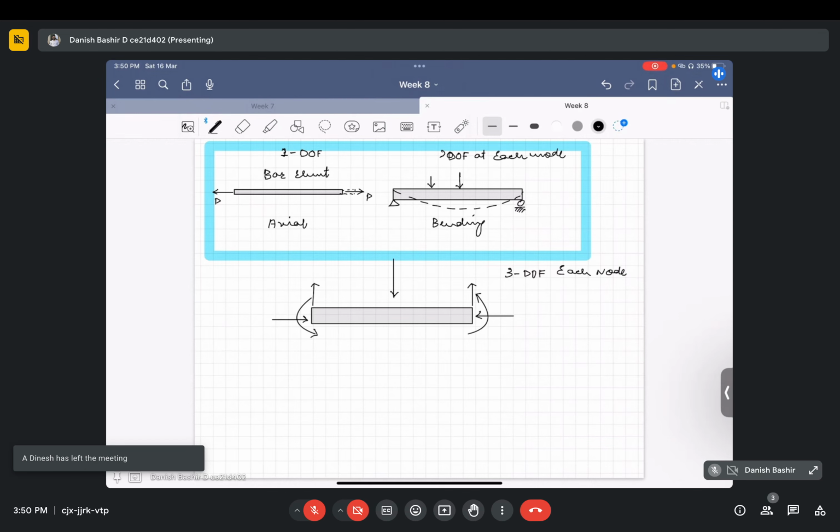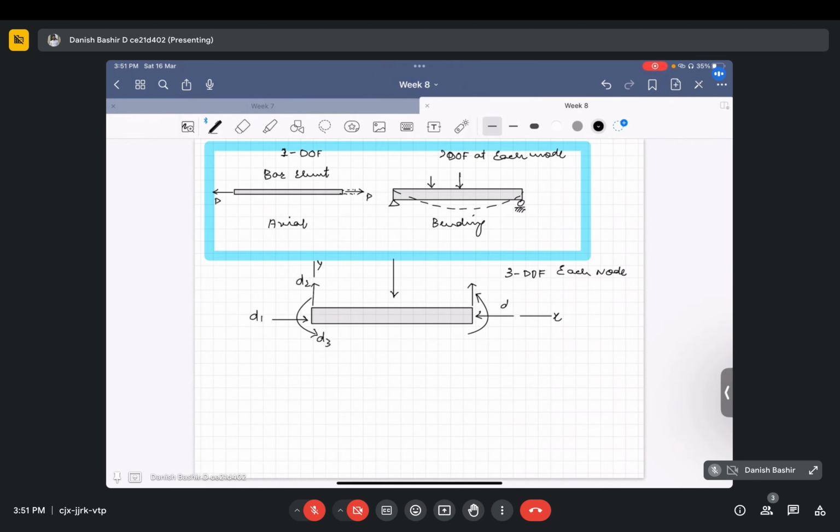Let's assume this is its x-axis, this is its y-axis, and these are the degrees of freedom: d1 here, d2 here, and d3 is the moment.